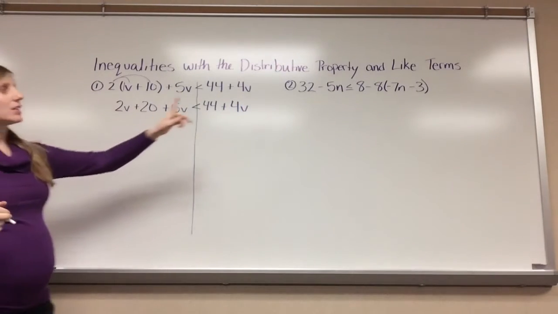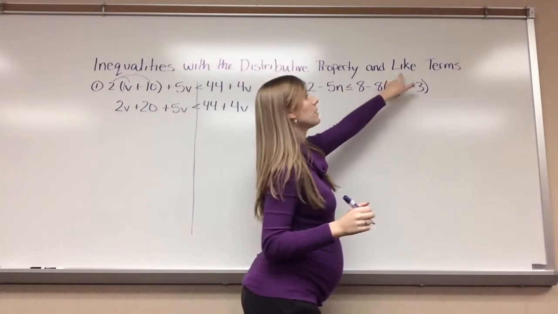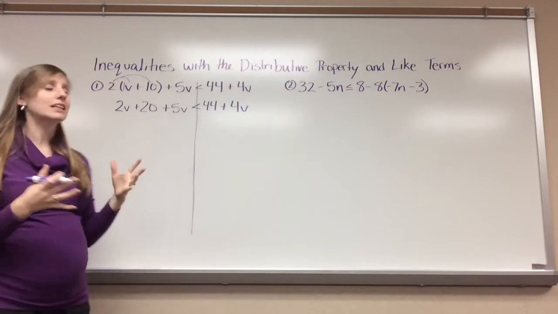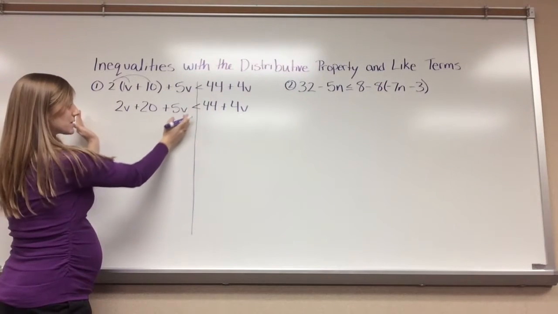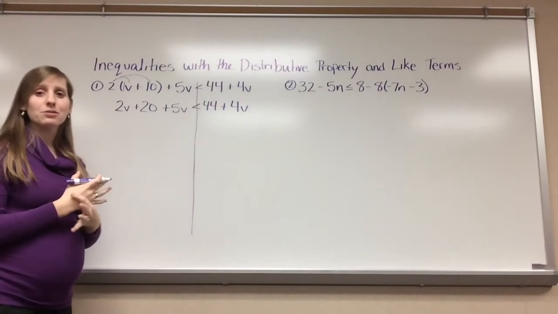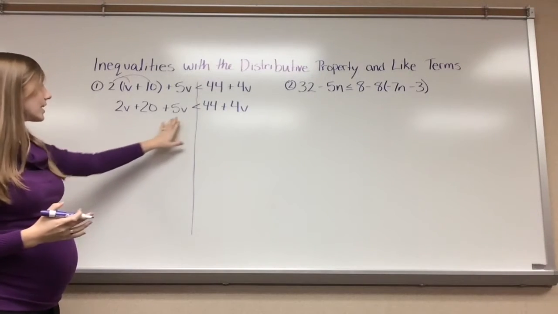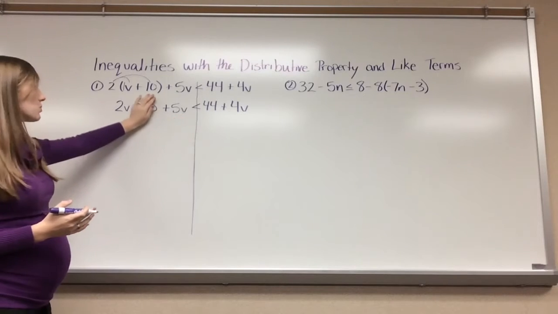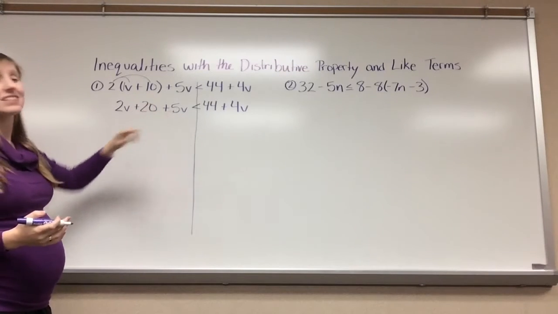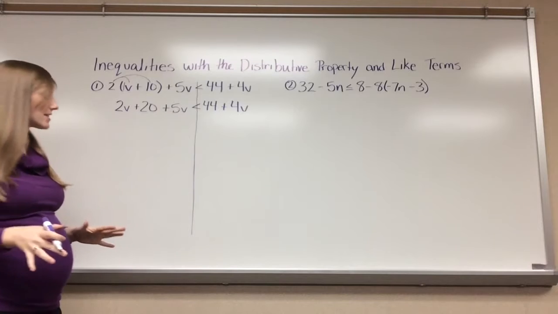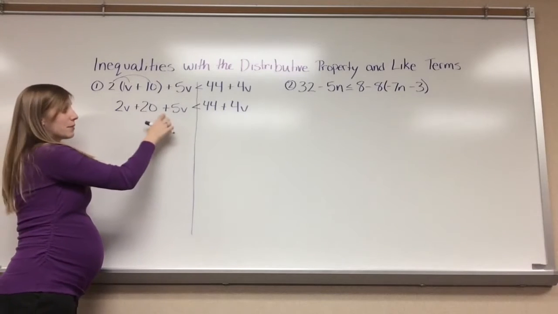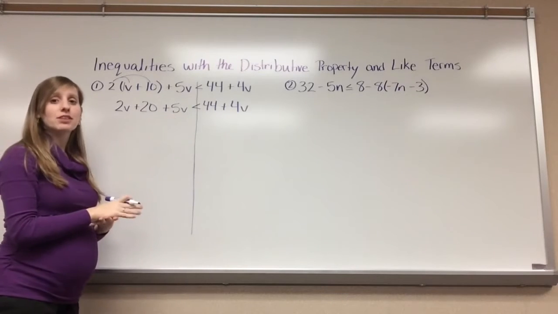At this point, we've done the distributive property, now we need to do the like terms. If there's any like terms on the same side of the inequality, I need to get those together. So looking at the left-hand side, I notice I have a 2b and a 5b. The 20 does not go with those because it doesn't have a b, so that's going to stay the same. But my 2b and my plus 5b, I can put those together.